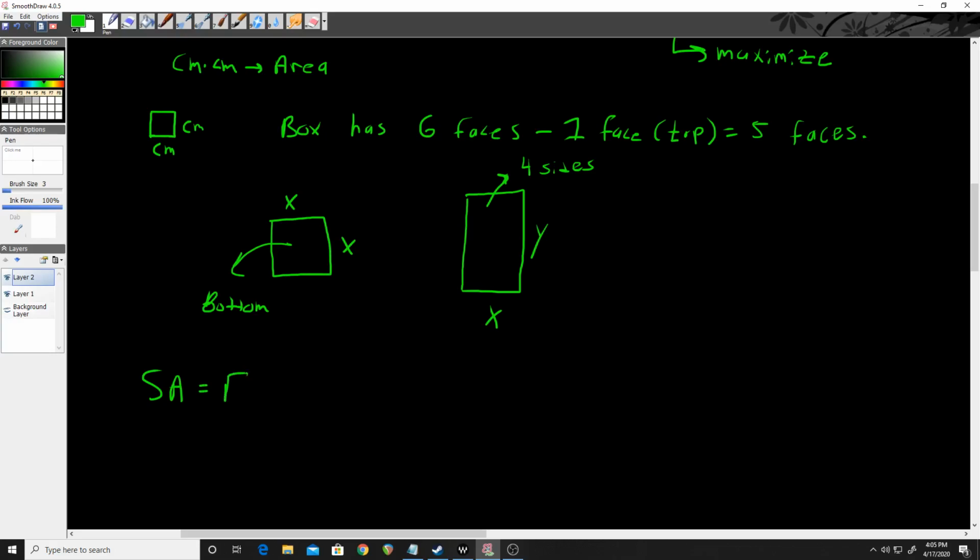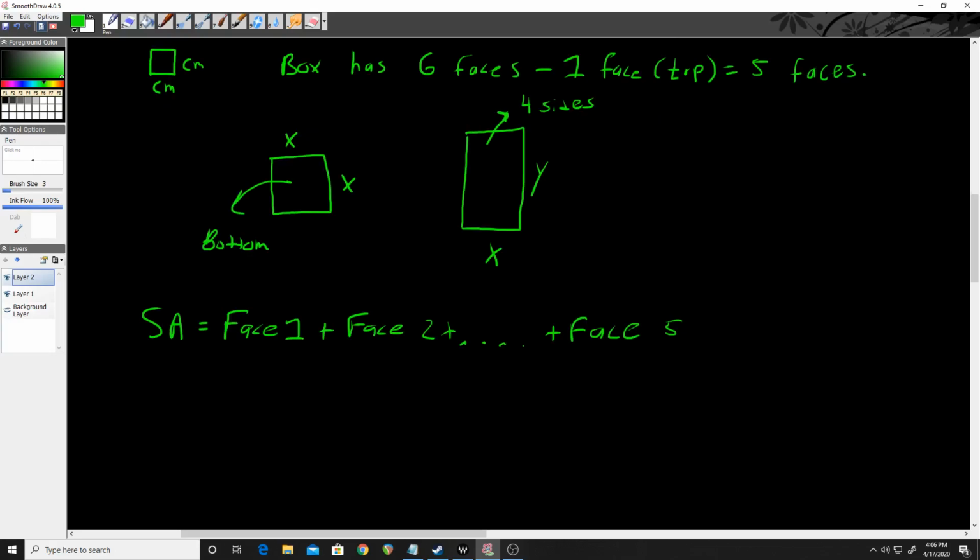Conceptually, it's going to be the area of face 1 plus face 2 plus so on up to face 5. Faces 3 and 4 are not shown, but they're understood to be in there.